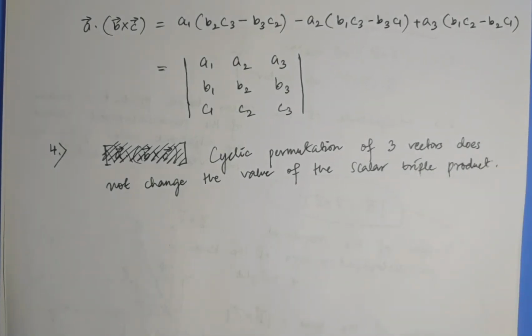So this is our fourth observation. Now what it says, the cyclic permutation of 3 vectors does not change the value of the scalar triple product.